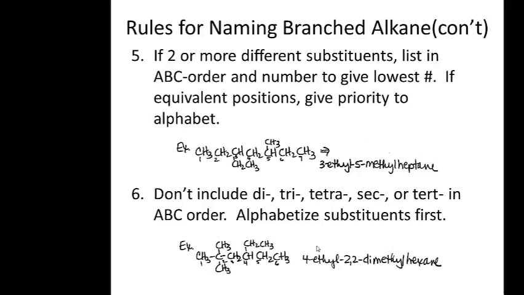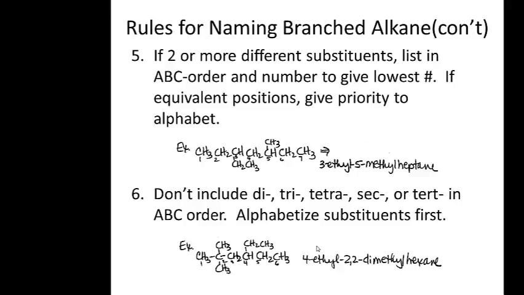As we saw in a previous example, sometimes we have more than 2 different substituents. In this case, we're going to list them in alphabetical order and number to give them the lowest numbers possible. If you find you're in a situation where you can go either way with the numbers, number them in such a way that gives priority to the alphabet.